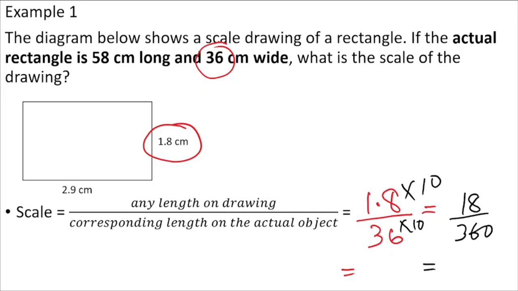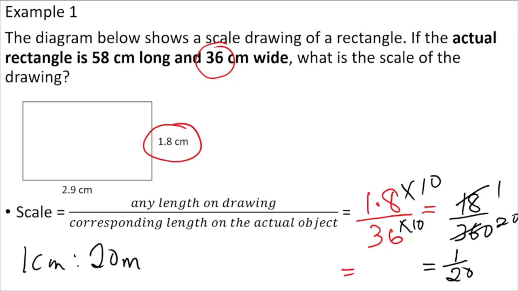So how many 18s can we see in 360? 360 divided by 18 gives us 20. So that's going to be 1 over 20, which means the scale used here is 1 centimeter to 20 centimeters.